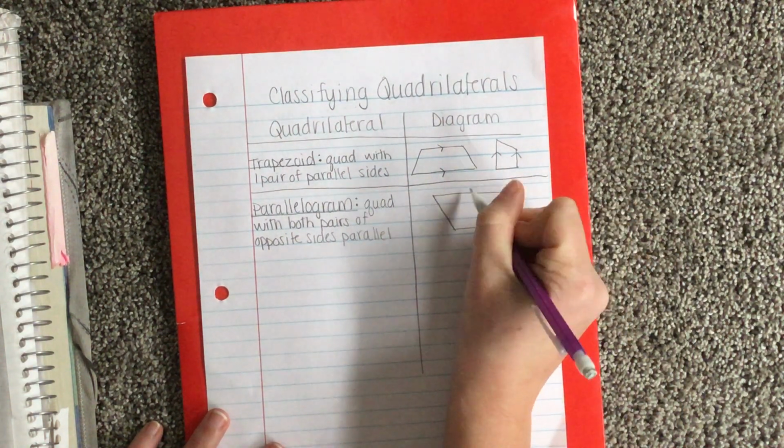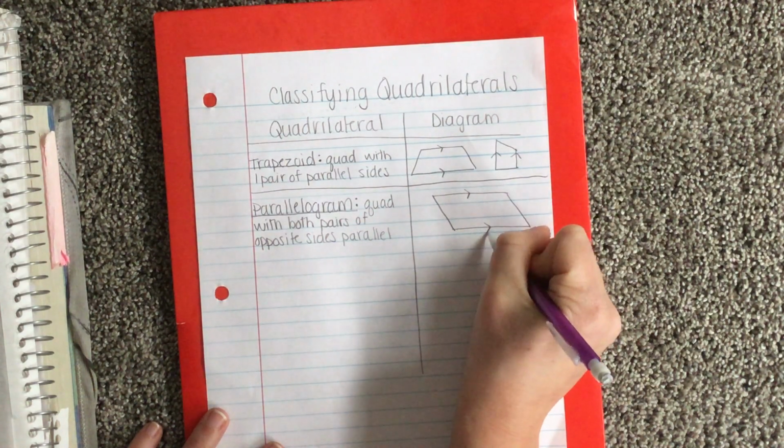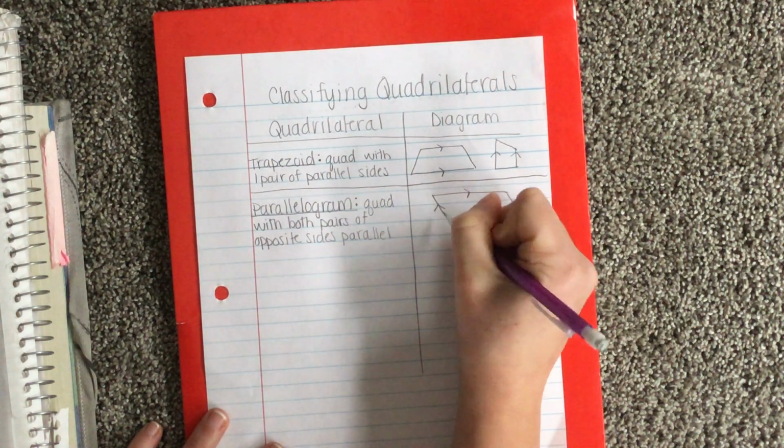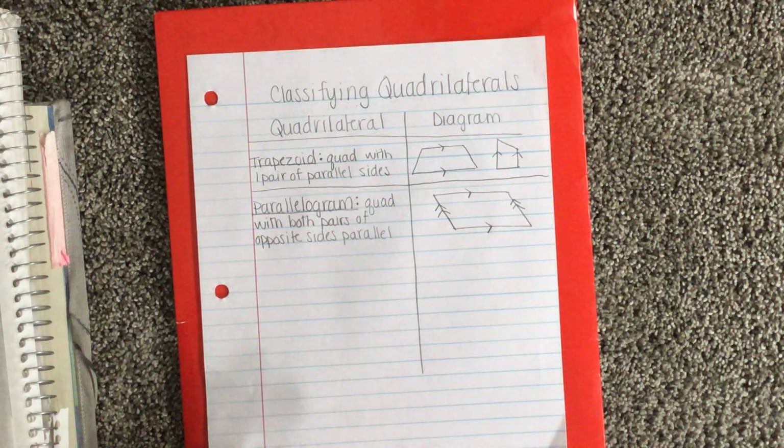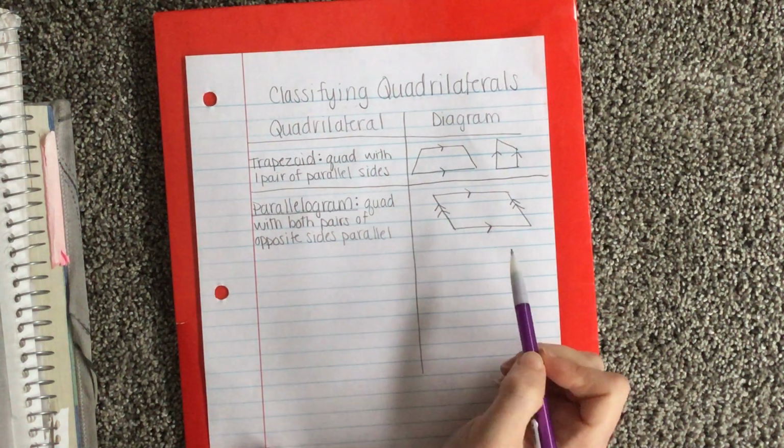So a parallelogram is where this side is parallel to this side, and this side is parallel to this side. Now notice how I notate that second set of parallel lines. It has 2 arrows on it.